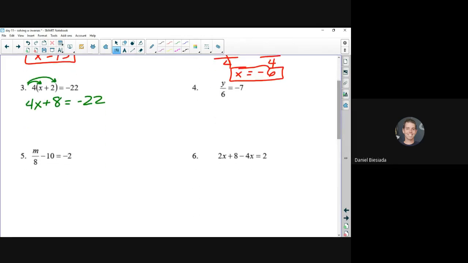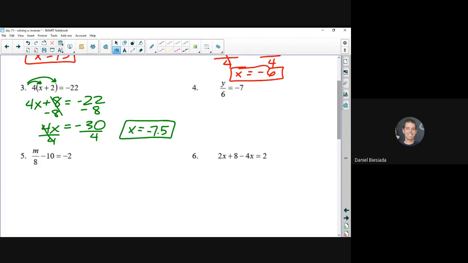I will then apply the same inverse steps I did before. The inverse of adding 8 is subtracting 8. And again, the inverse of multiplying by 4 is dividing by 4. That will come out to be a decimal. That's not a problem. Our answer here is negative 7.5.